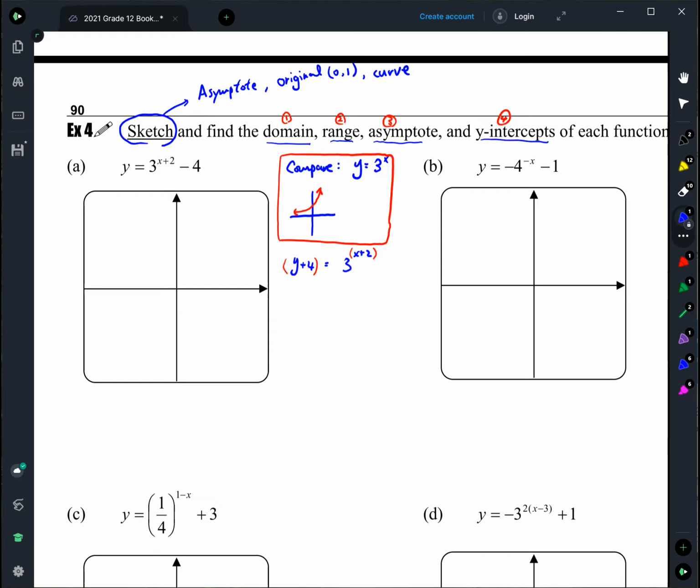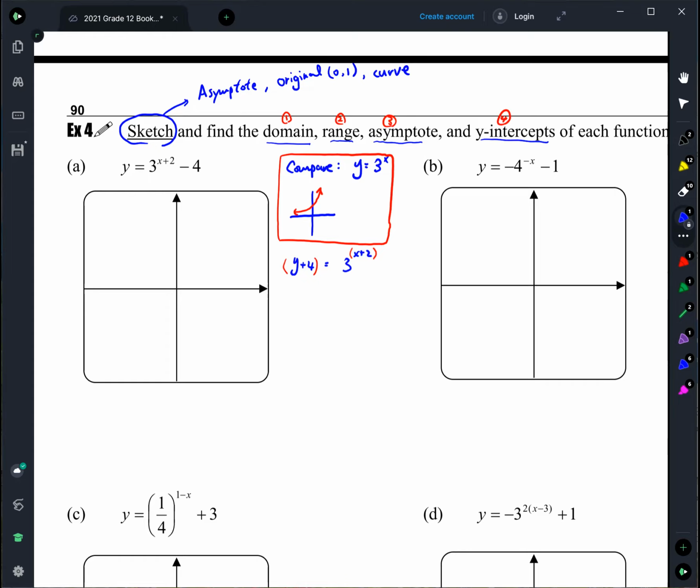Down 4, and what else? What about the x plus 2? Translate down 2. Okay, so it has to do with x. x has to be left and right. Oh, is it translate right by 2? Okay, so it should be left by 2.